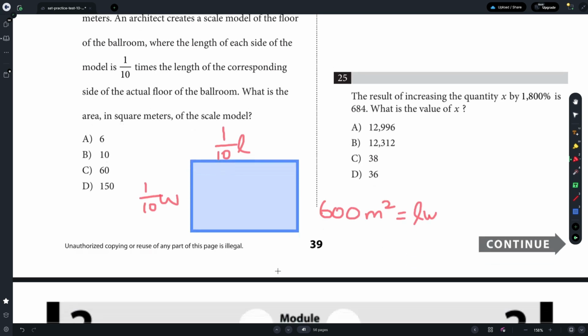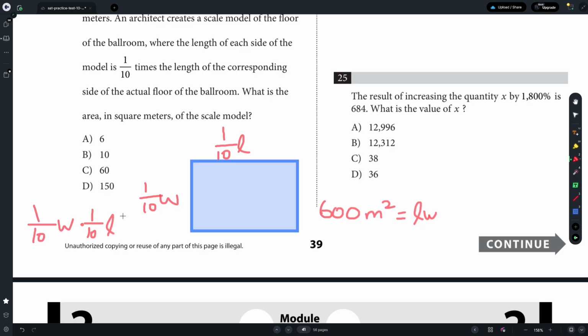That means that the new area of this scale model would be 1/10 W times 1/10 length, right?